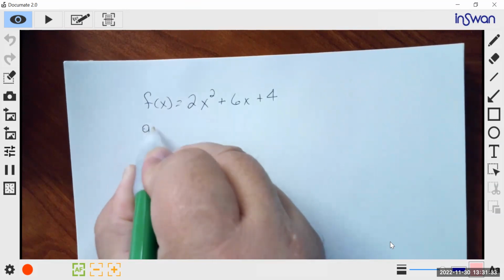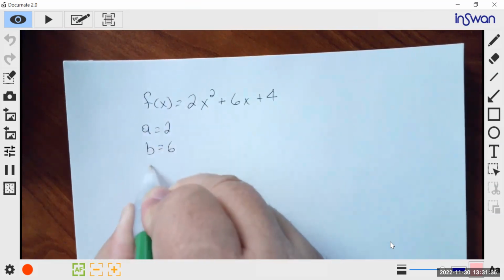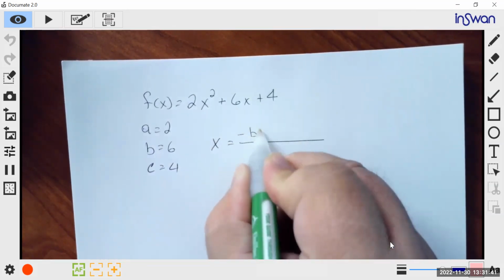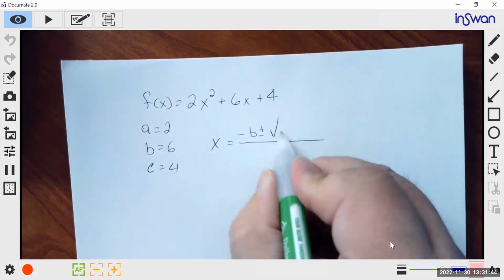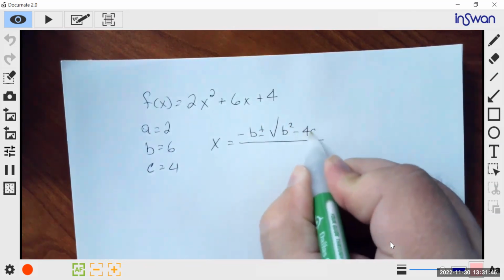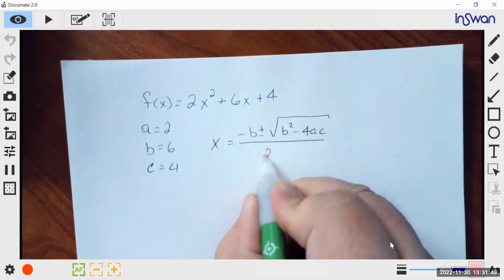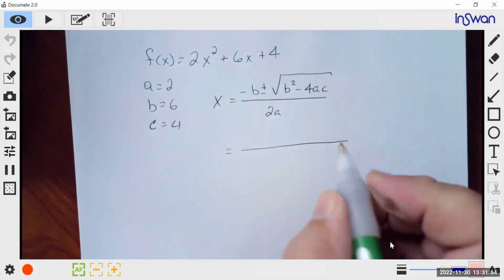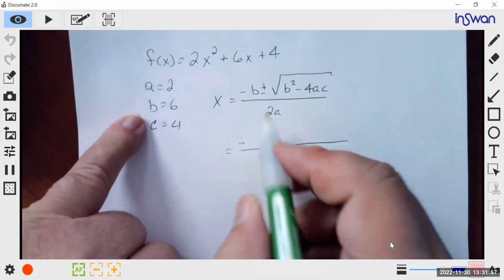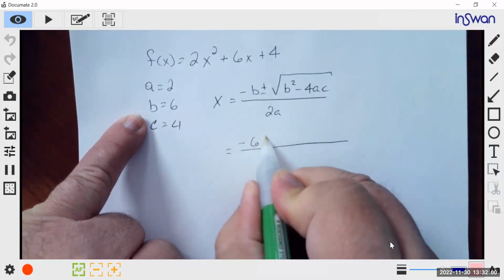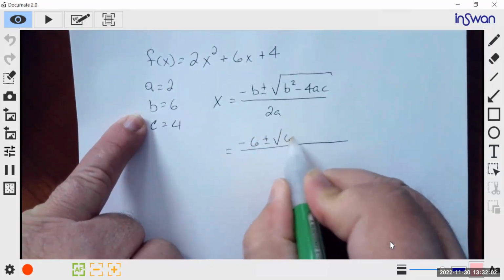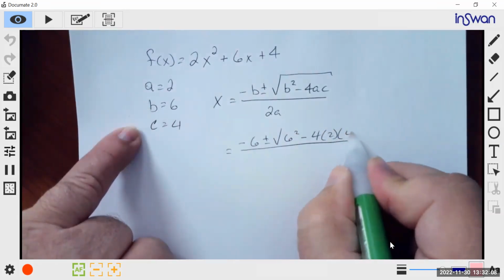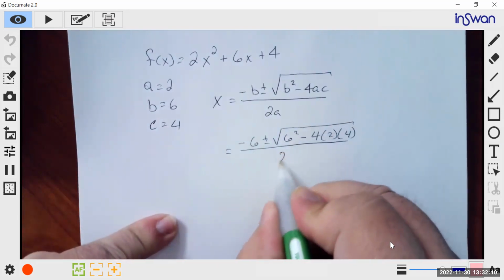Okay, so we have A equals 2, B equals 6, C equals 4. Let's use the quadratic formula. Negative B plus or minus the square root of B squared minus 4AC, over 2A. Negative B is negative 6. 6 squared, minus 4 times 2 times 4, over 2 times 2.